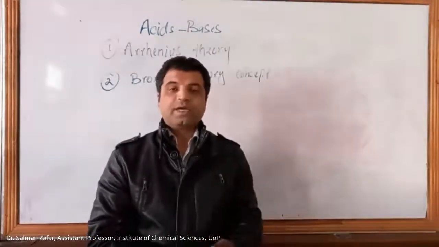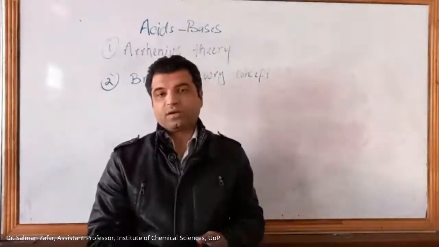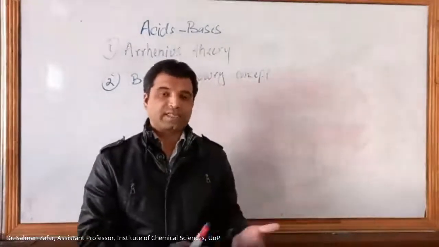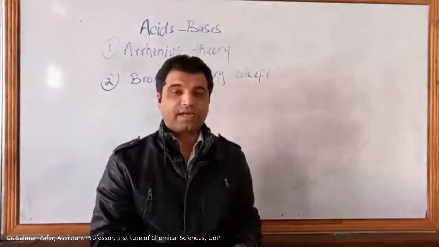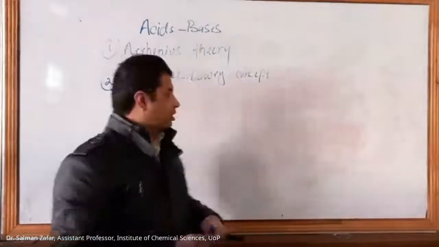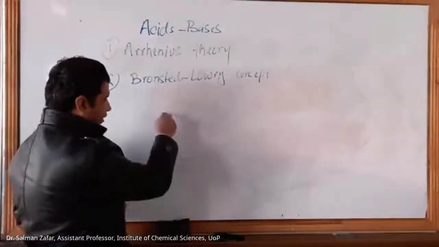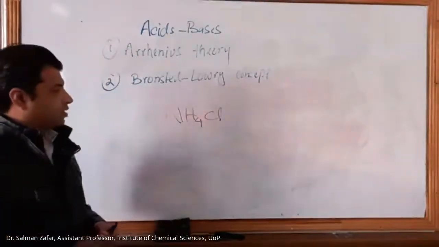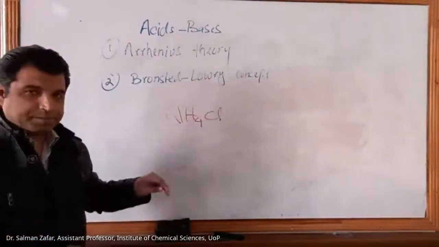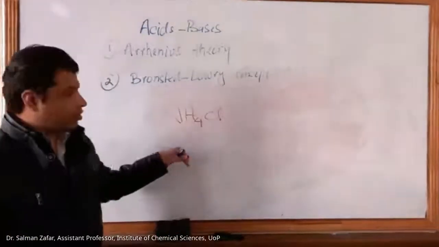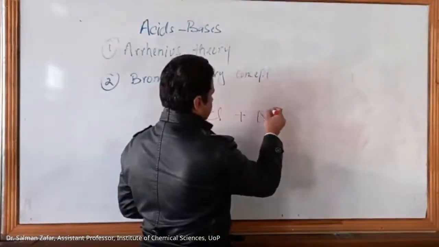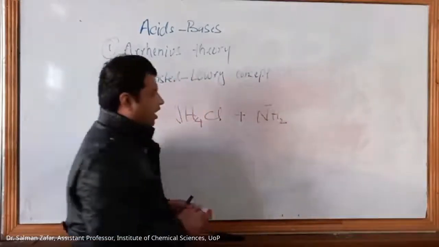For example, in liquid ammonia, you can have different types of reactions in which we can classify molecules as acids and bases. A common example that you might or might not have seen is that of this ammonium chloride. If we have ammonium chloride here, and for example, we have an amide.